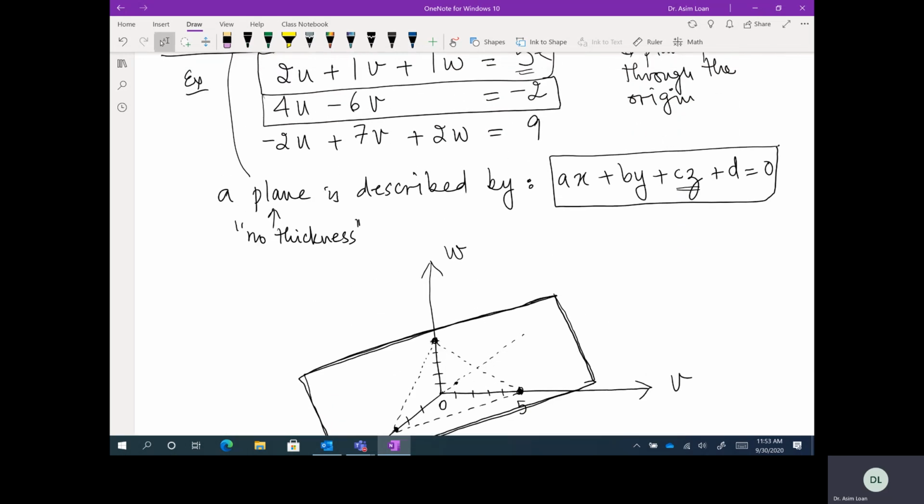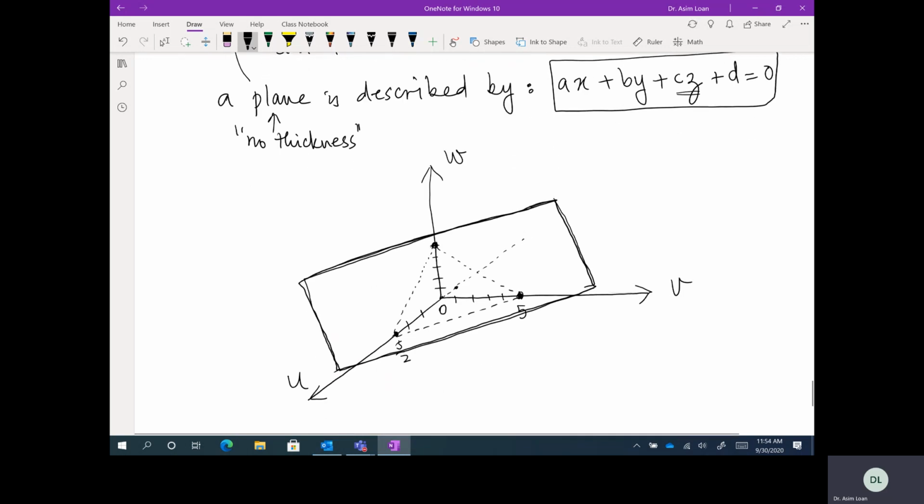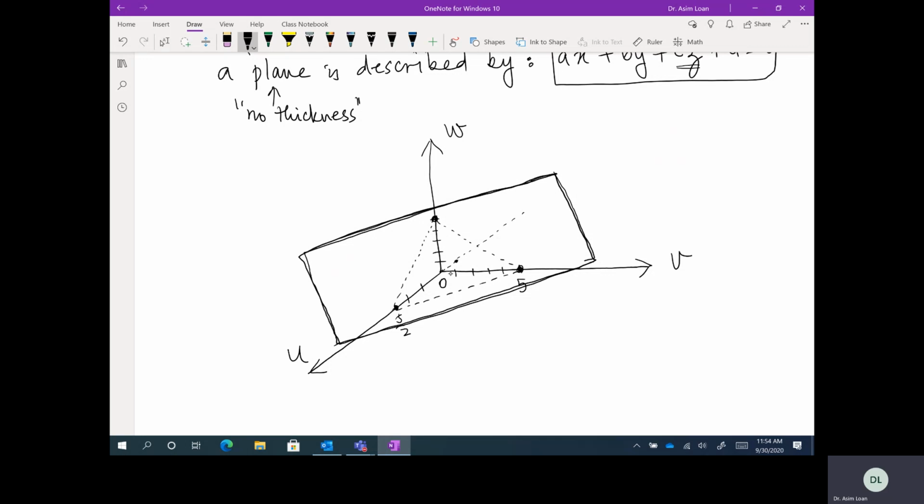And when u is equal to 0, v is equal to plus 1 over 3, 2 over 6. So v is somewhere on this line. So this line is something like this.